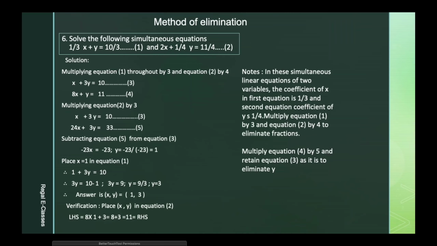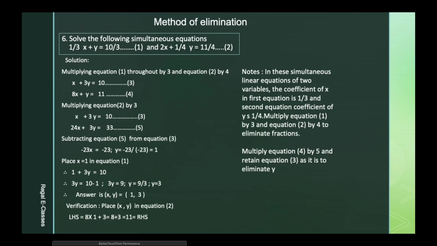So x plus 3y is equal to 10, 8x plus y is equal to 11. Multiplying equation 4 by 3, you get x plus 3y is equal to 10 as it is, and 24x plus 3y is equal to 33.